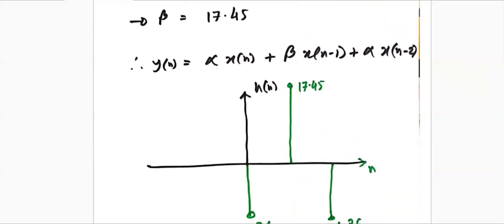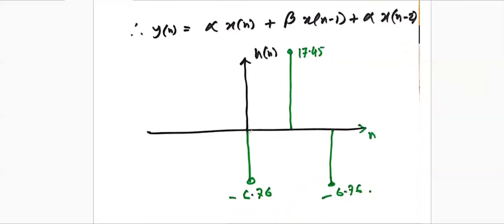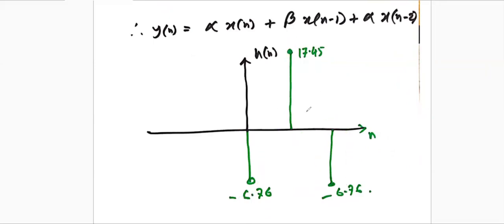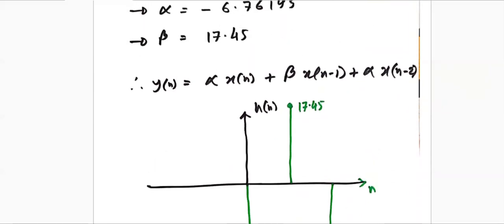The filter h[n], the impulse response, looks like this. This is the alpha, this is beta, and this is the alpha. So that is the impulse response. And of course, we can also write y[n]. What is y[n]? y[n] is equal to, you have your x[n].